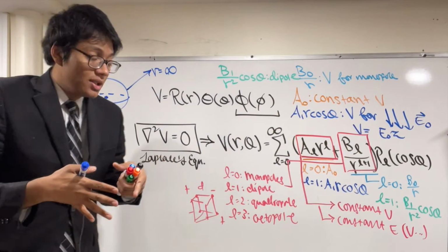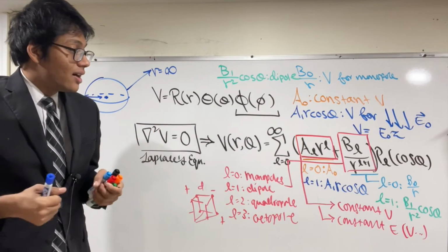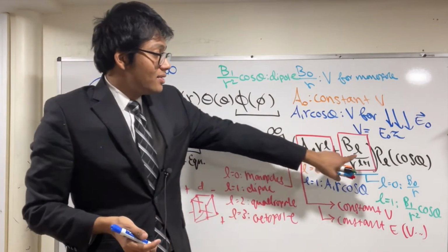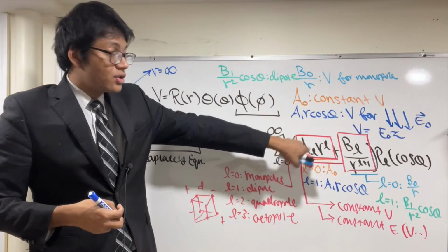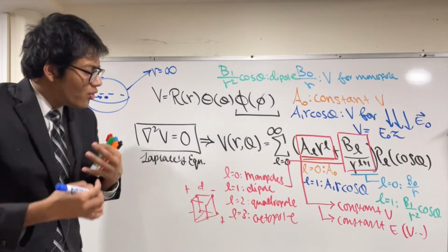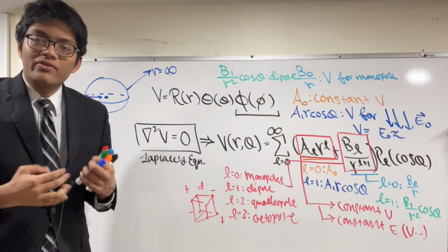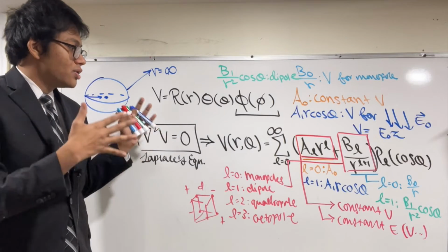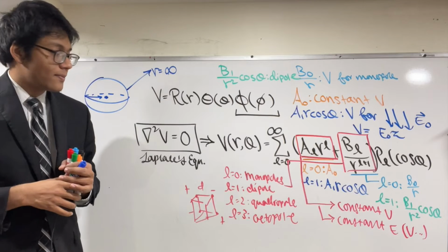And what if you're considering the electric potential outside of your spherical conductor? Well, then you're going to have to consider the second term, because the first term is going to diverge as R heads off to infinity. So there are all these things playing in, but those are the two big motivations for why the solution to Laplace's equation in spherical coordinates looks the way it does.